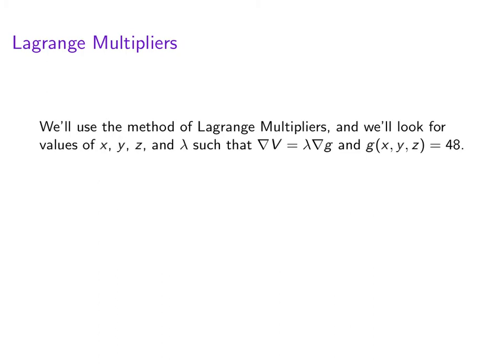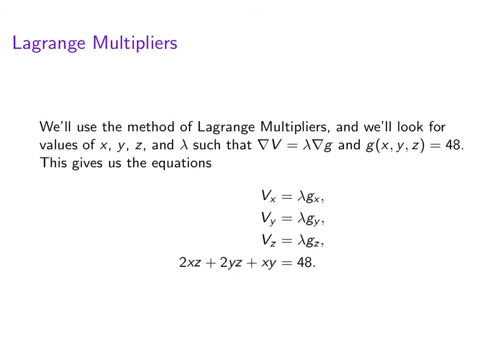So we'll use the method of Lagrange multipliers. We're going to look for values of x, y, z, and lambda such that del V equals lambda del g and g of x, y, z equals 48. By the way, when we go solve for things, we actually don't really care about what lambda is. That lambda is the thing that's called a Lagrange multiplier. Alright, so this gives us these equations.